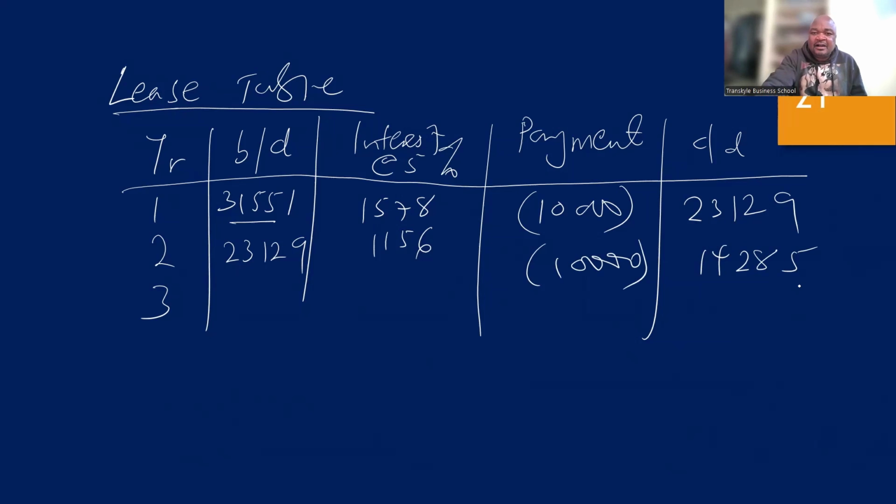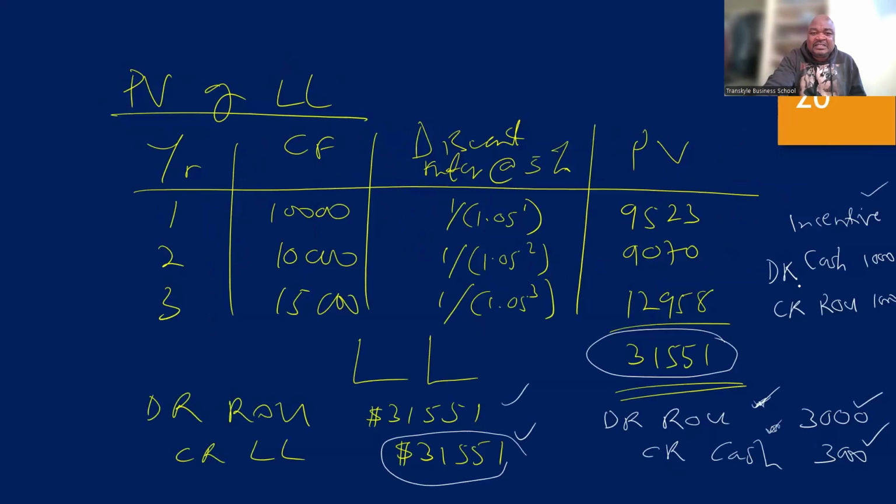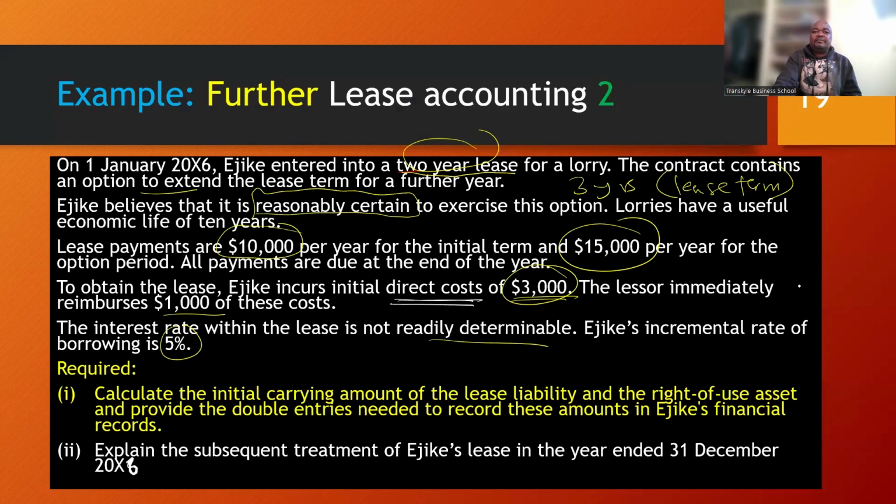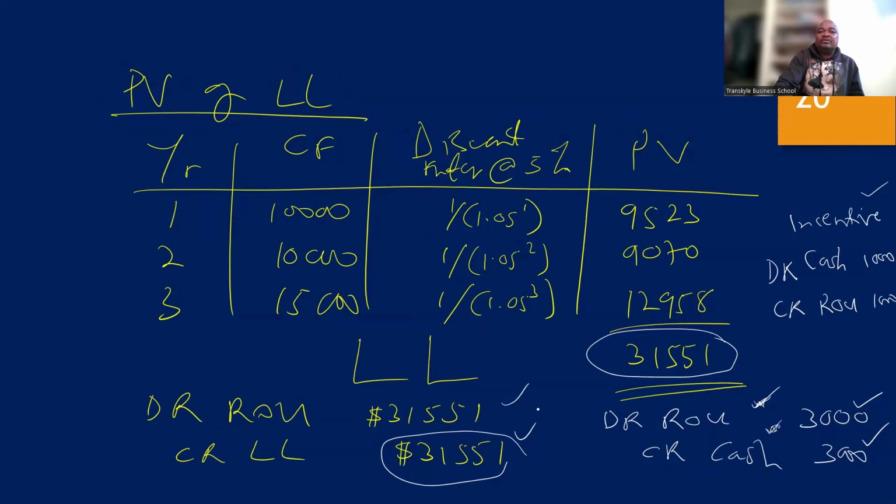Okay. This information is sufficient to answer the first requirement: explain the subsequent treatment of each lease in the year ended 31 December 20x6. So we will have listed our years in that order: 20x6, 20x7, 20x8.